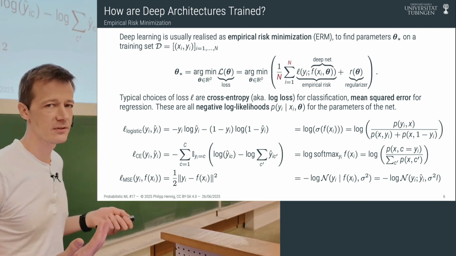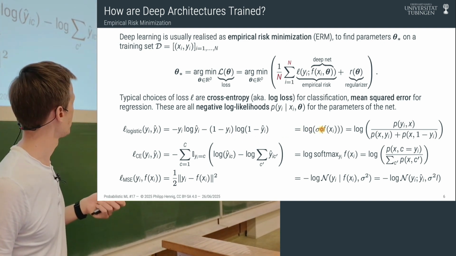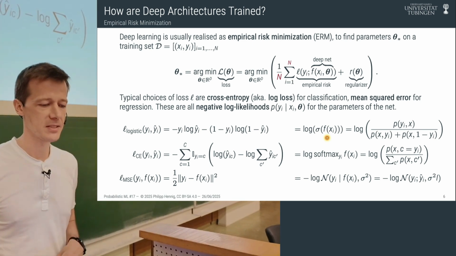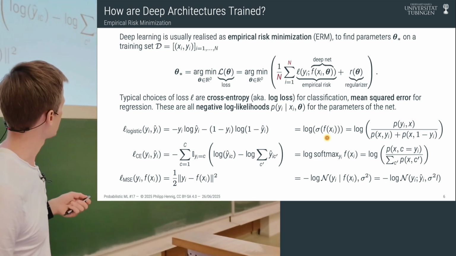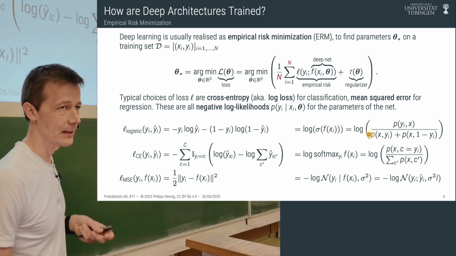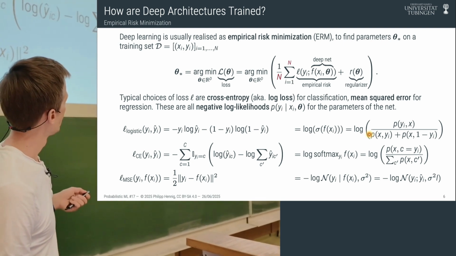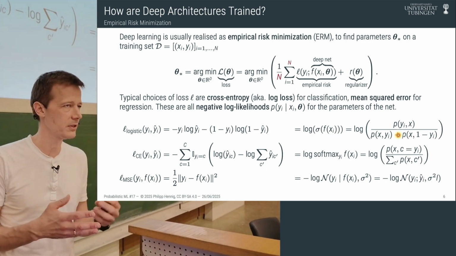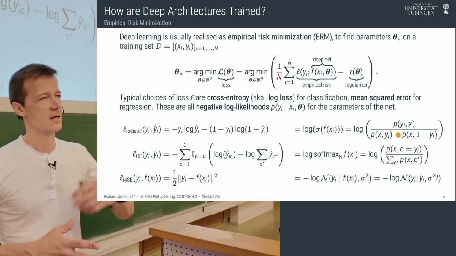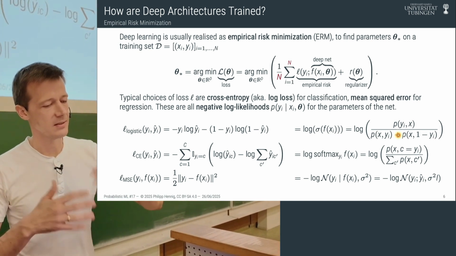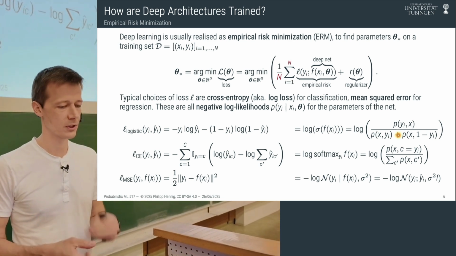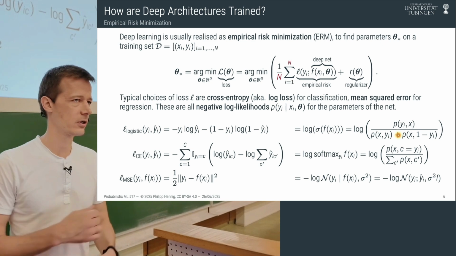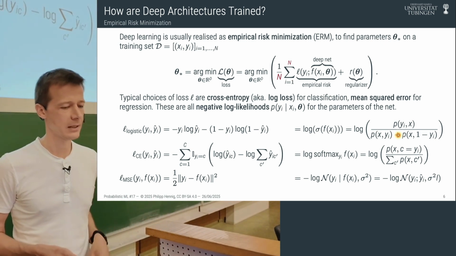But we've now discovered that this is actually exactly the logarithm of a likelihood in Bayes' theorem. I should explain why I say likelihood. Okay, let me first do this. So we can write this like this. We notice that we can think of this sigmoid of f in such a sense that f becomes a log odds, so the logarithm of the ratio between the probabilities for the output class and the other class.